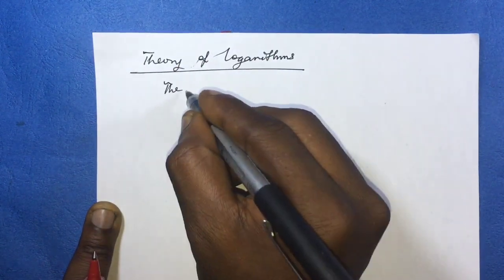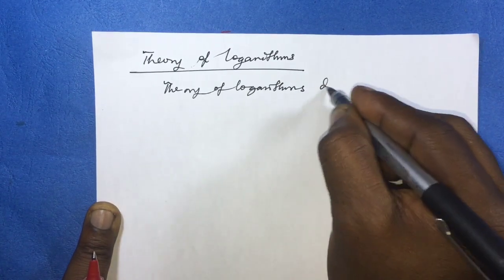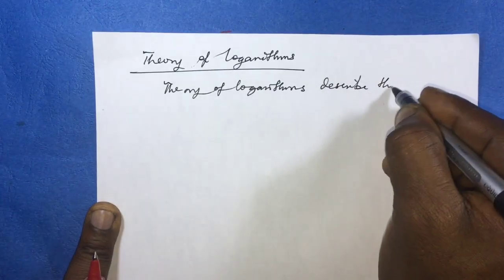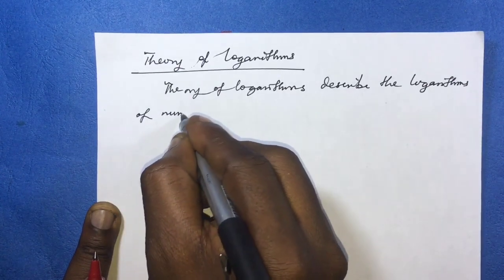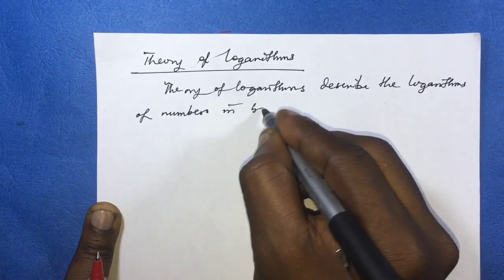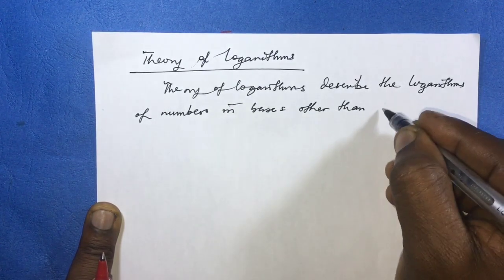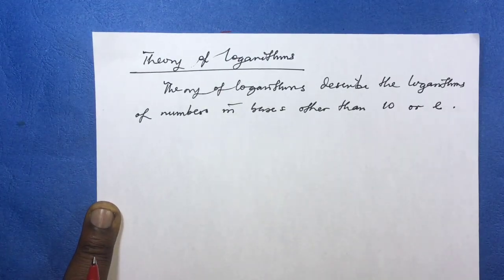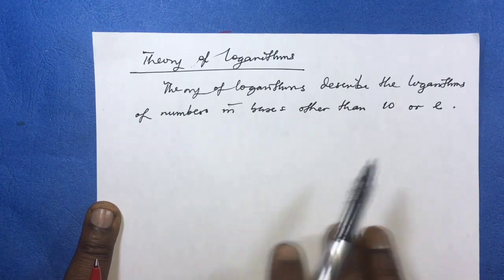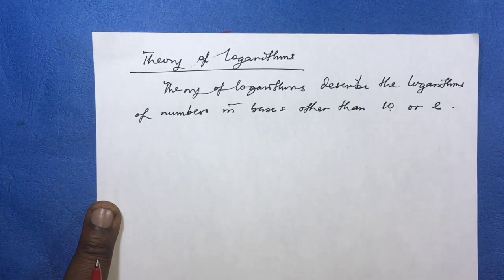So theory of logarithms describes the logarithms of numbers in bases other than 10 or e, full stop. So when you seek the logarithm of a number in a base that is not 10 and that is not e, then you are dealing with theory of logarithm.